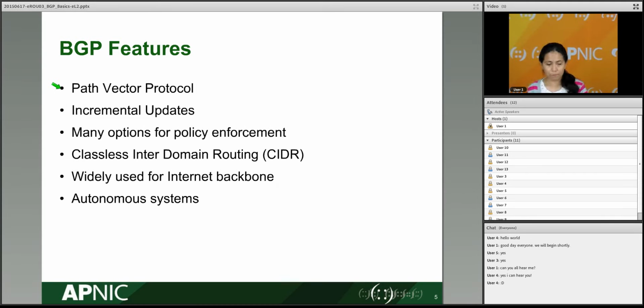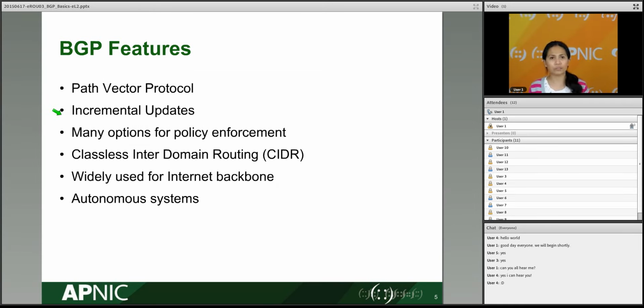Another feature of BGP is that it sends incremental updates, so that's a good thing. BGP uses an incremental update strategy so that it can conserve bandwidth and processing power. That is, of course, after the initial exchange of complete routing information. So you have a pair of BGP routers, they exchange this information.